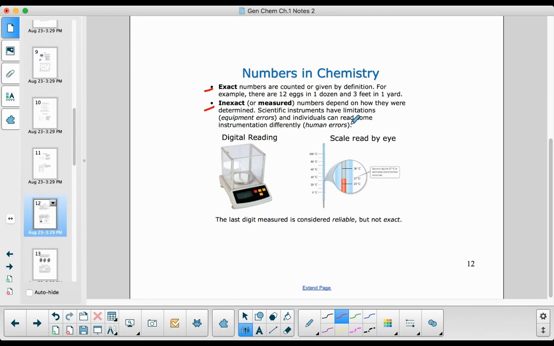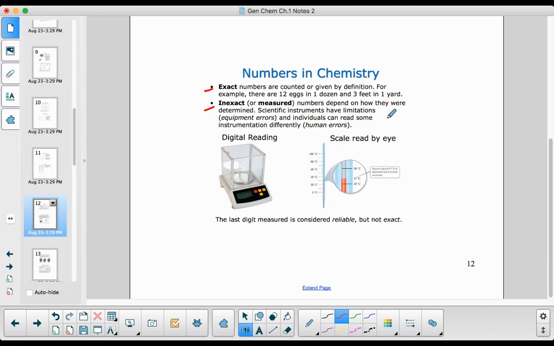Those are your exact measurements, values that are commonly known, like quarts in a gallon. When you work with those values, you just use them as is, and you don't worry about the number of places that the number has. That's what we're going to talk about a lot.